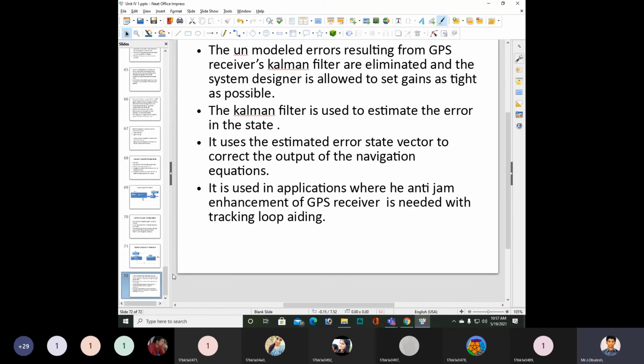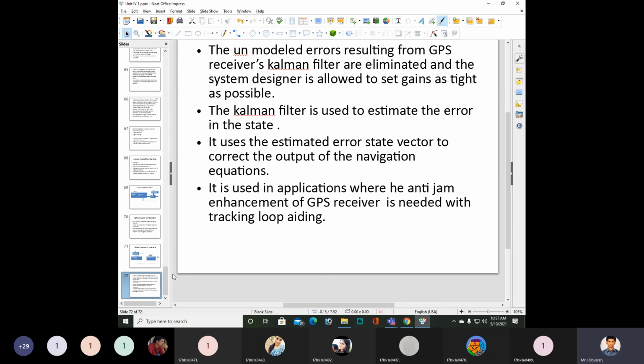The Kalman filter is used to estimate the error in the state.